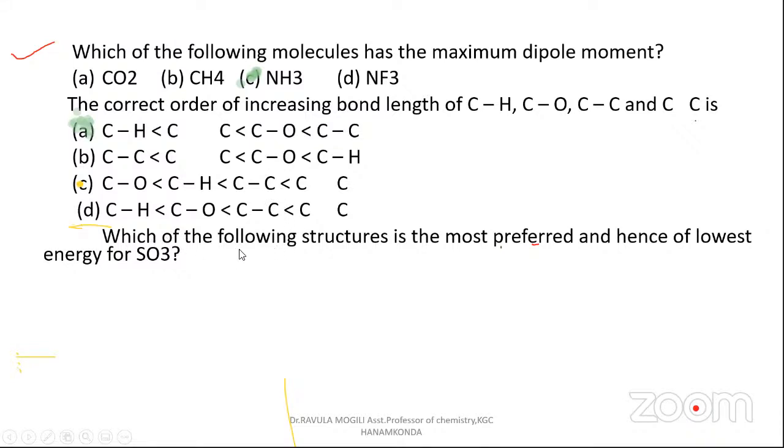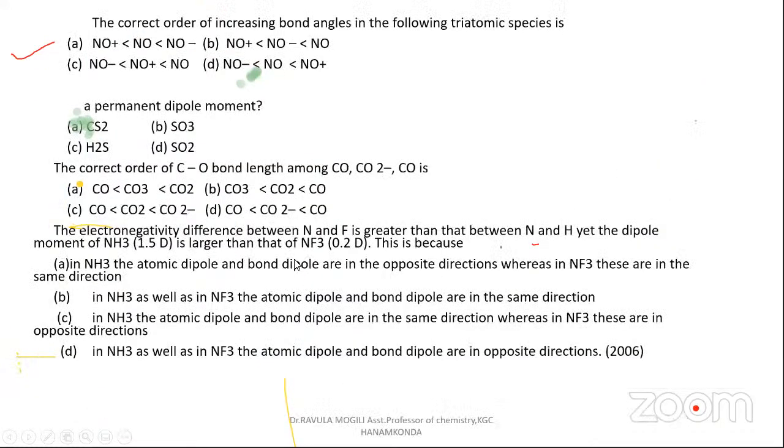Next, which of the following structures is the most preferred and hence of lowest energy for SO3? Okay. The correct order of increasing bond angles in the following triatomic species is. Anyone give answer?